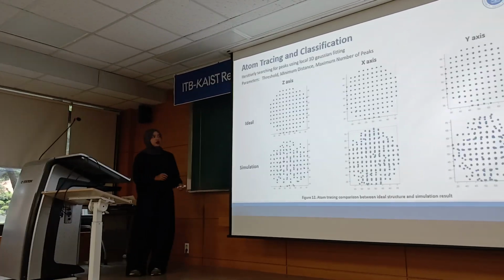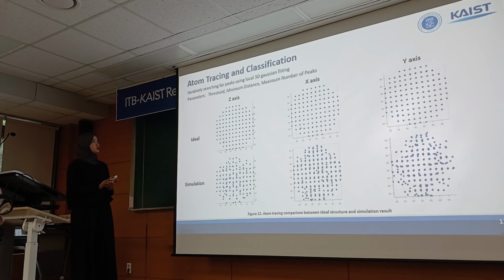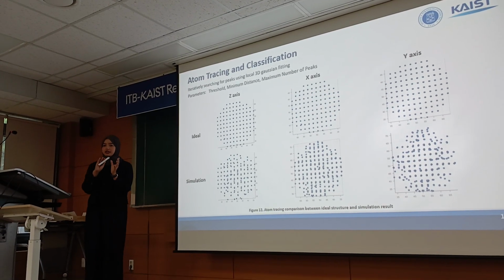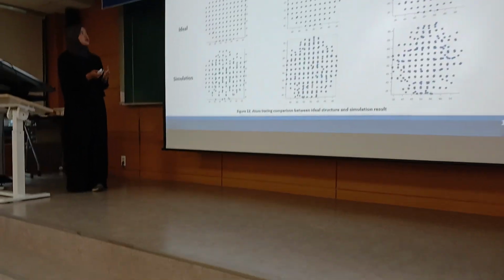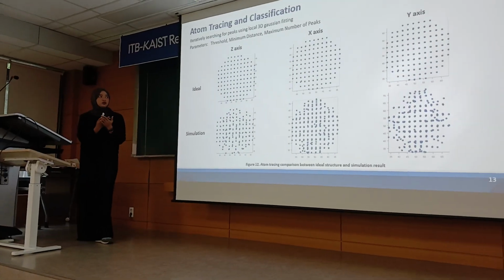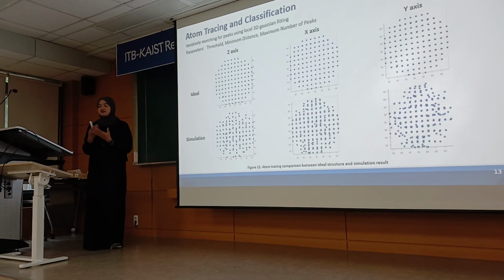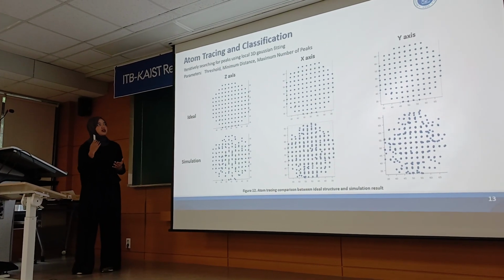After we obtain the 3D reconstructed atom volume, we trace the atoms to find each atom's coordinate position. Basically, the algorithm iteratively searches for peaks, and we apply 3D Gaussian fitting to distinguish the atoms.